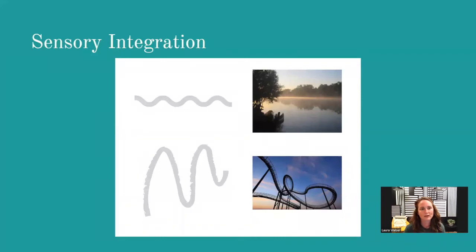Okay, so now we're gonna talk a little bit about that sensory integration and modulation piece. So our top picture is that nice river, right? We've just got gentle waves flowing on that river. And then on the bottom, we've got the up and down roller coaster, right?